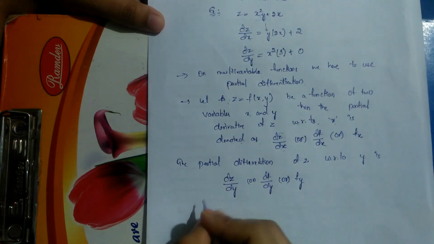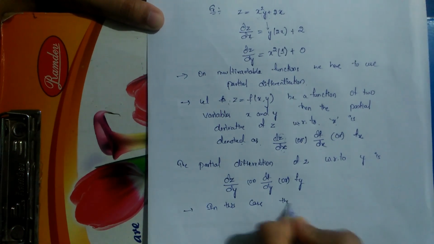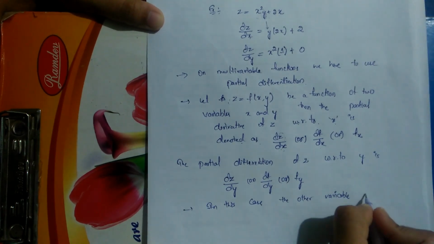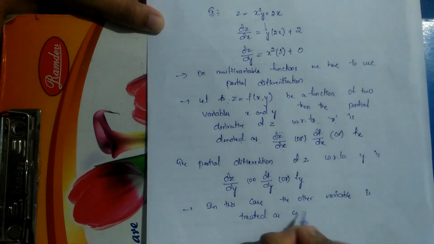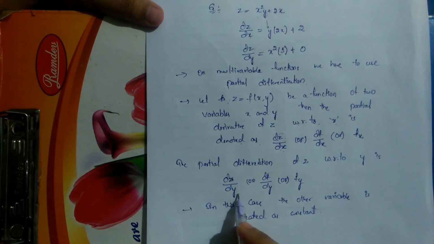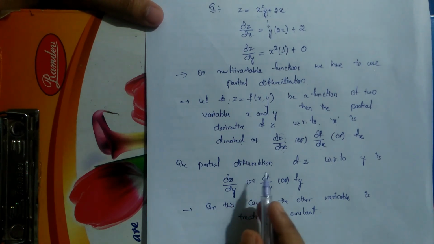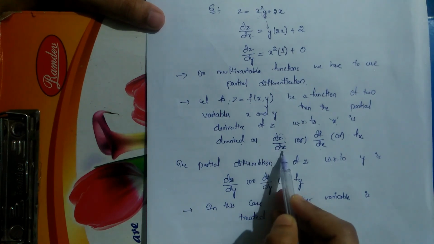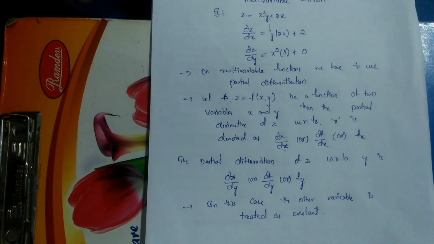In this case, the other variable is treated as constant. It means when we are derivating a function with respect to y, if the other variable is x, then that x is treated as constant. Likewise, when it is derivated with respect to x, the other variable is treated as constant. This is what this statement says.